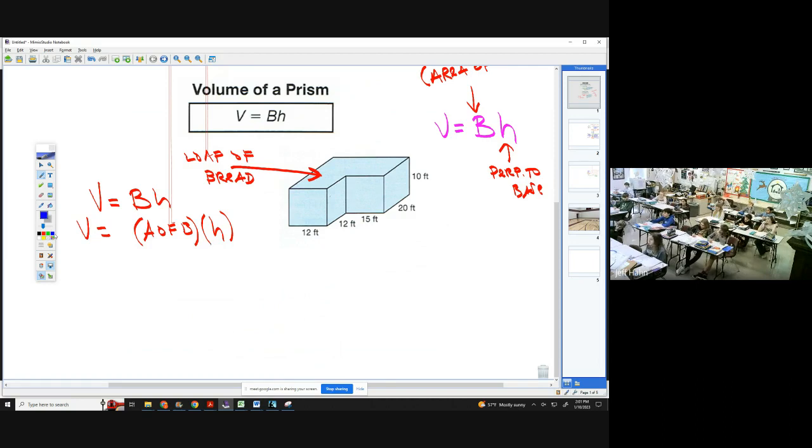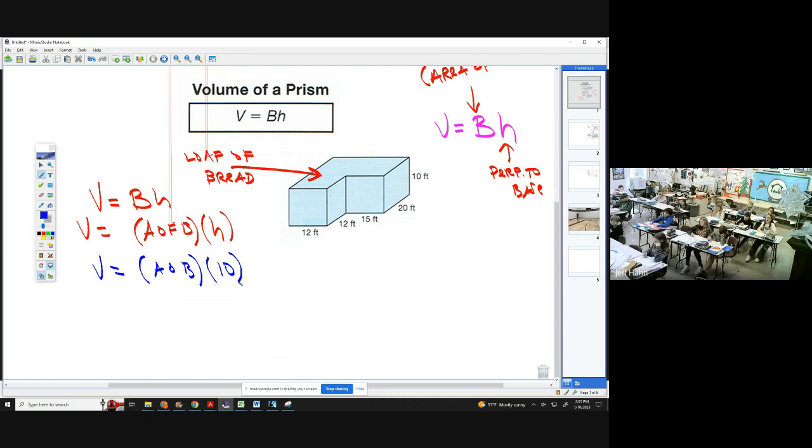What is the height of this shape? 10 feet. Area of B times 10. I do that because I am going to spend so long trying to figure out the area of the base that when I do get it, I'm gonna forget that the last step is always to multiply by that. At least now I have it written down.